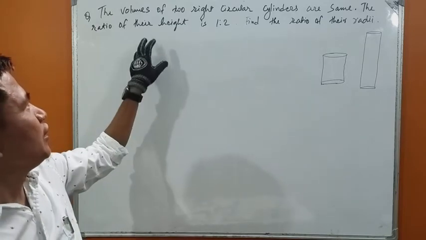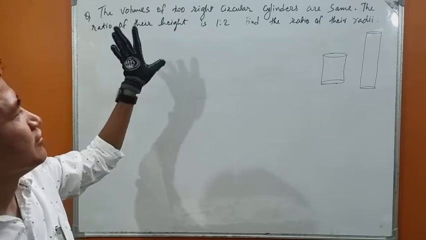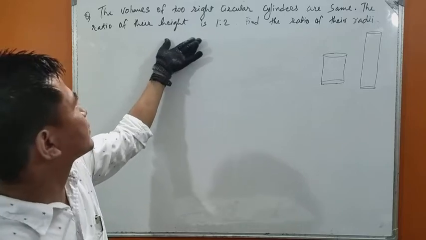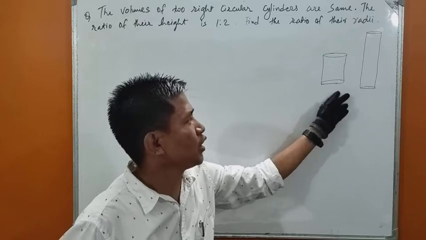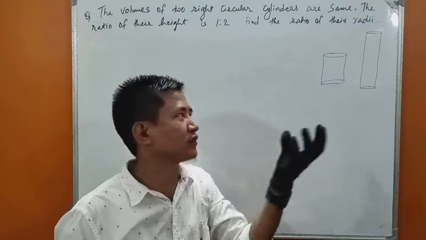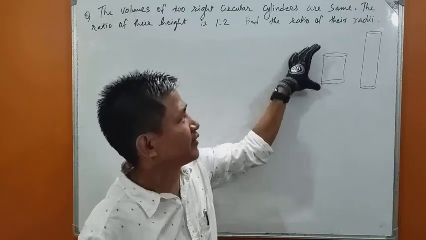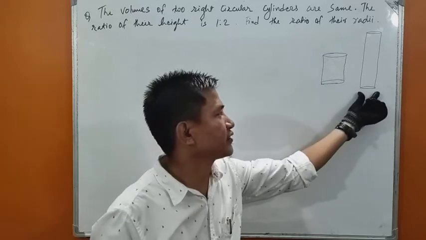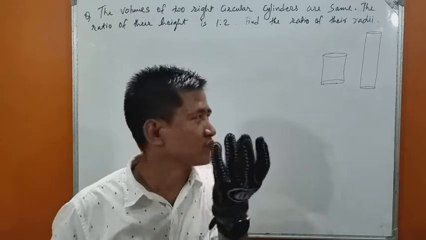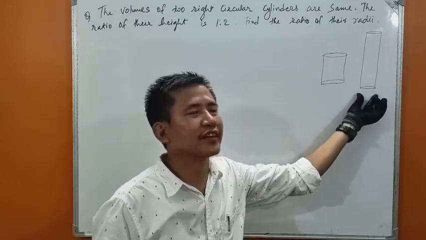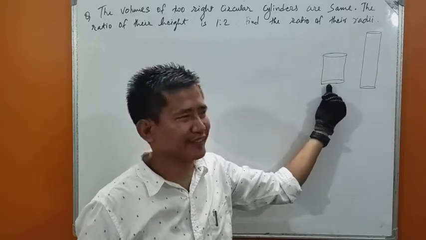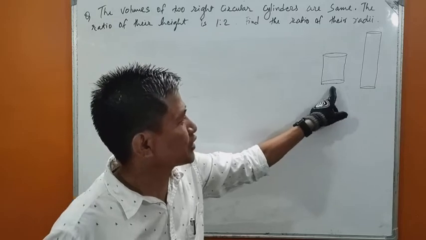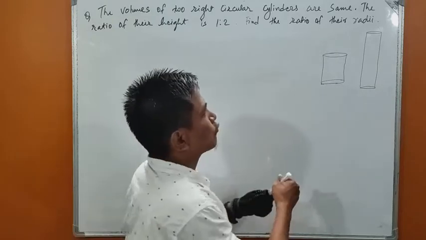Okay, the question has given us the ratio of their heights. There are two cylinders. One has a bigger cross-sectional area and the height is shorter, and the other cylinder has a smaller cross-sectional area, but the height is bigger than the former one, isn't it? But these two cylinders have equal volumes.